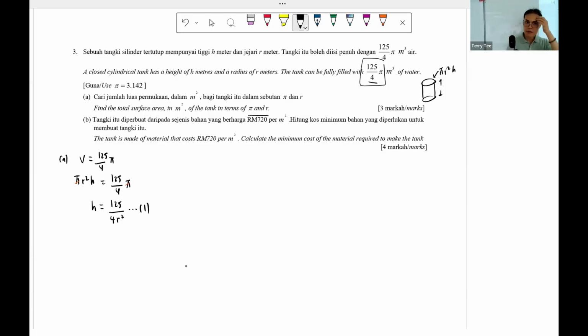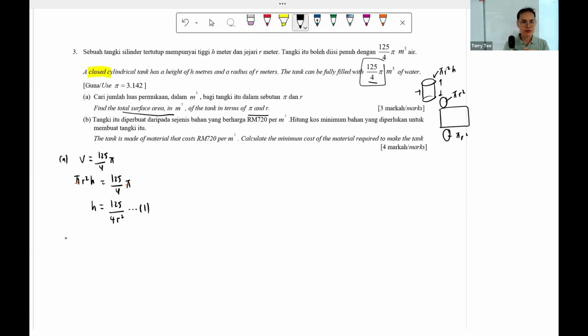Now I need a second piece of information, which is your total surface area. If you still remember, if you open up the layout, or the net as we call it, it consists of a rectangular curved surface and 2 circles. The 2 circles have area pi r squared. Be careful, sometimes you have an open top, but this one is a closed cylindrical tank, so we should take both.